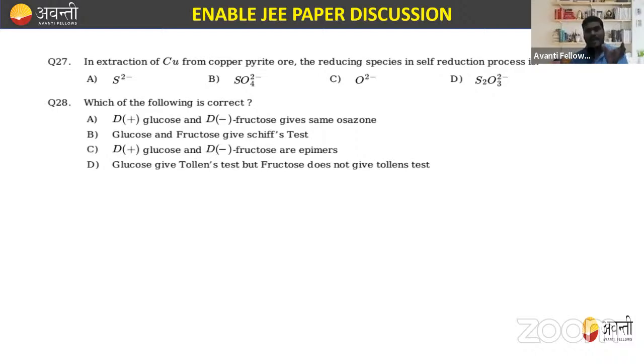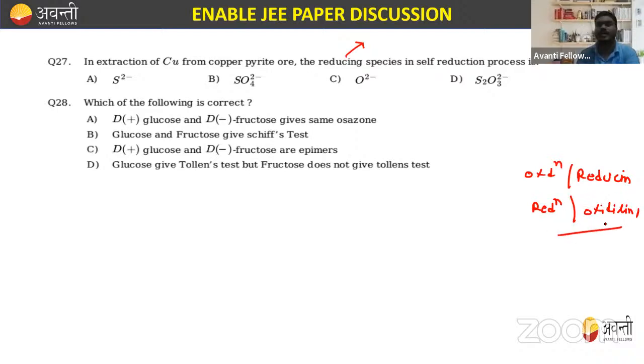We have to extract copper from the ore, the reducing species in the self-reduction process. Reducing species means the one that undergoes oxidation. Just remember one thing: oxidation means reducing, and reduction means oxidizing. So you have to find the reducing species in the self-reduction process.